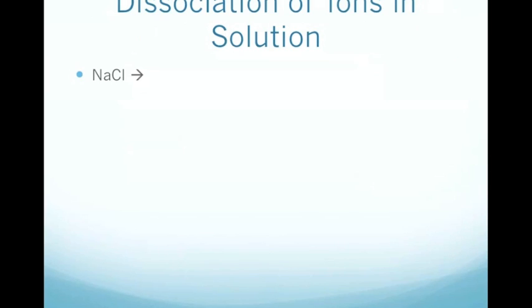Before we get into our first scientist's definition of an acid and a base and what their theory is, we're going to talk a little bit more about solutions, because every acid and every base that we're working with and talking about is going to be in a solution. What we need to know about solutions is that when something's in a solution, it goes into its ions.